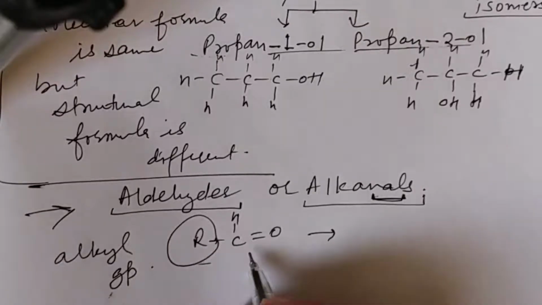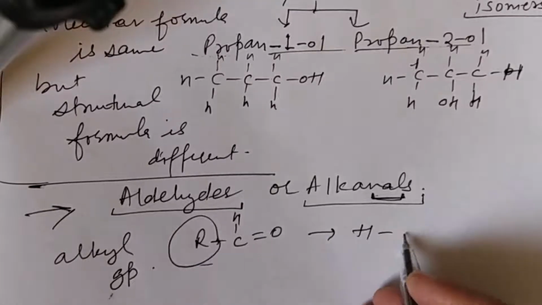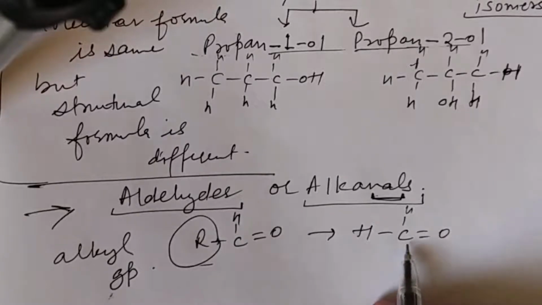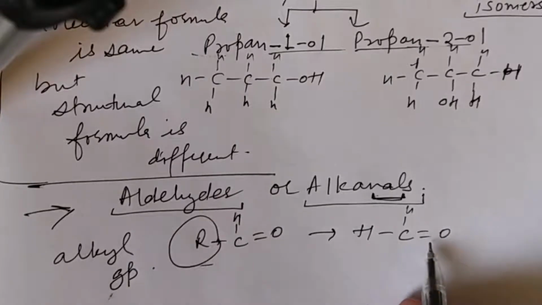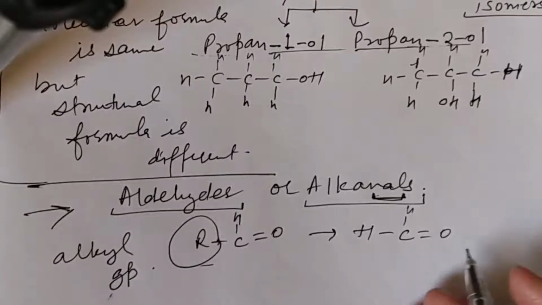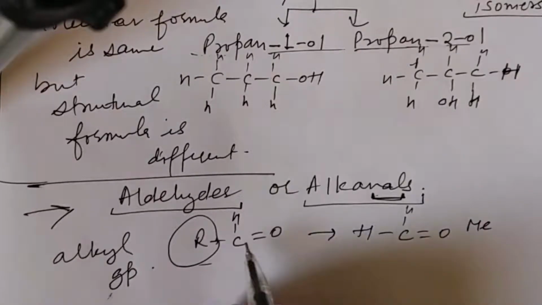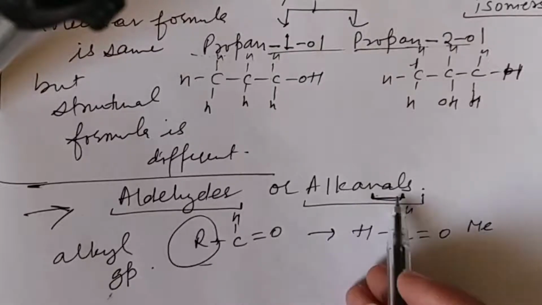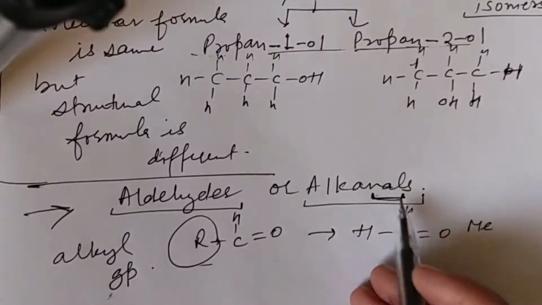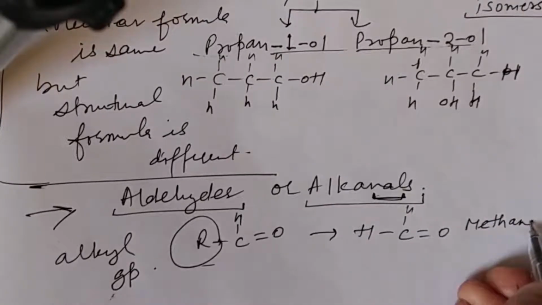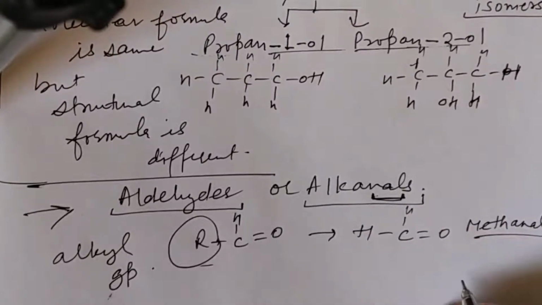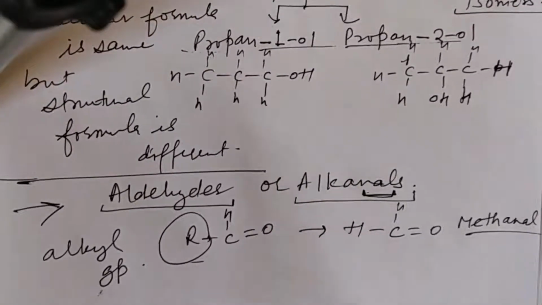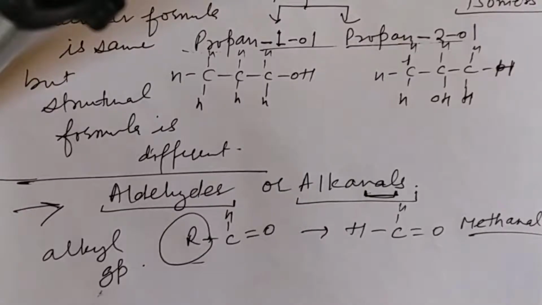So if we put hydrogen here and write the functional group, then it is a one carbon atom chain compound, and it will be called, put the value of alkane as methane and then end it with al. Methanal will be the compound. What will be the compound? Methanal. Is it okay? Methanal will be the compound HCHO.